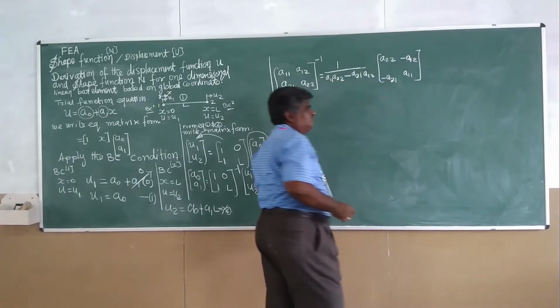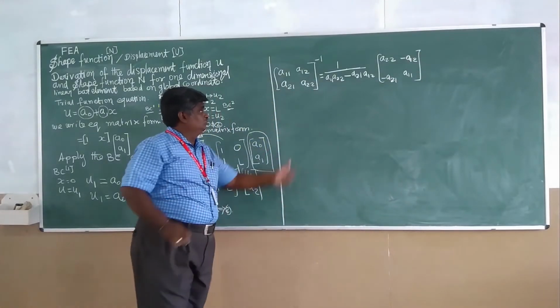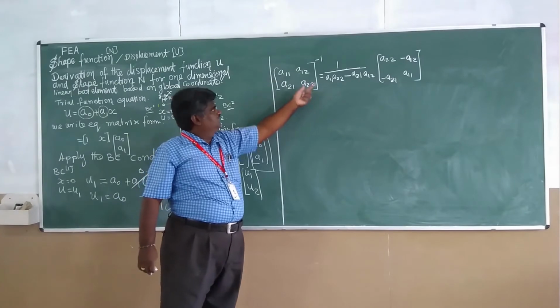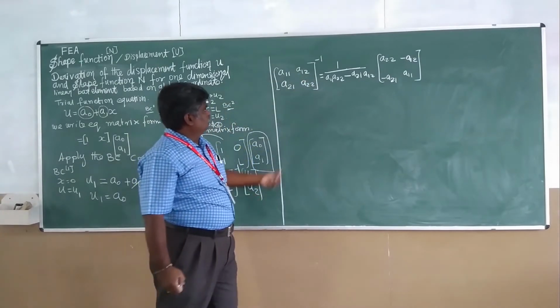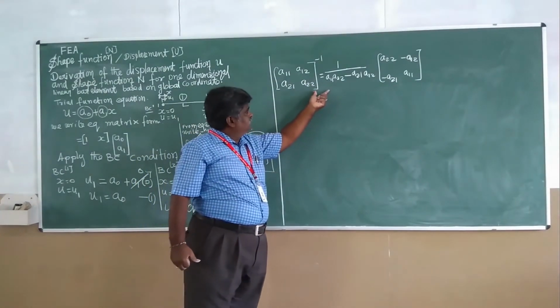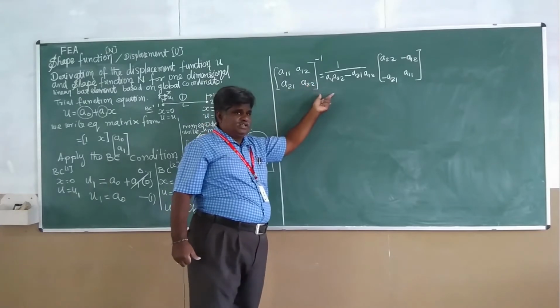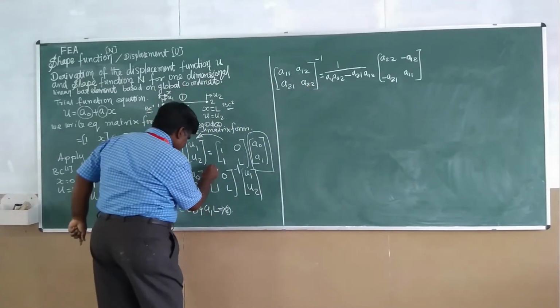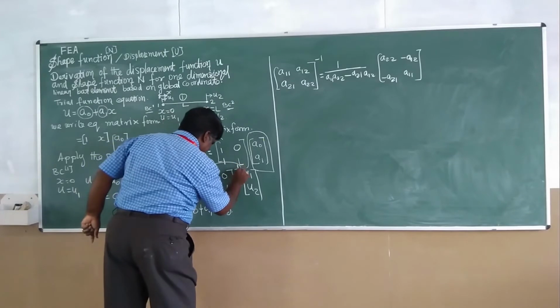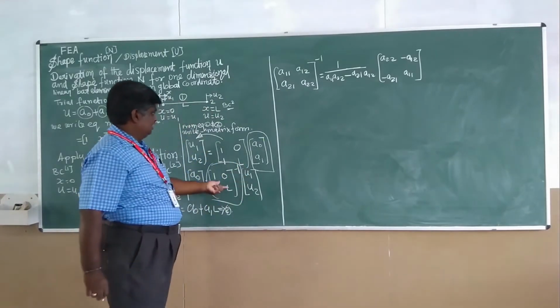This is your 2 cross 2 inverse matrix. Based on this formula, you have to determine it separately.